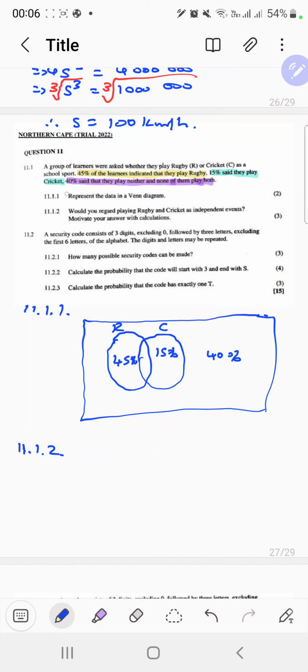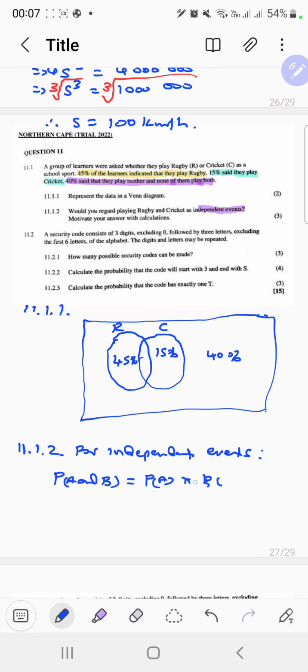11.1.2. What is the story here? It says, now, would you regard playing rugby and cricket as independent events? Okay. What do we know about independent events? For independent events, it is such that P(A and B) is equal to P(A) multiplied by P(B).